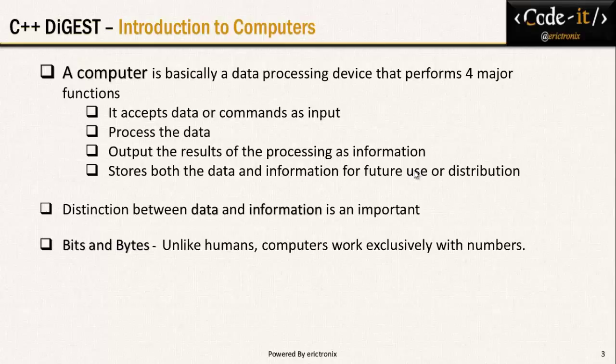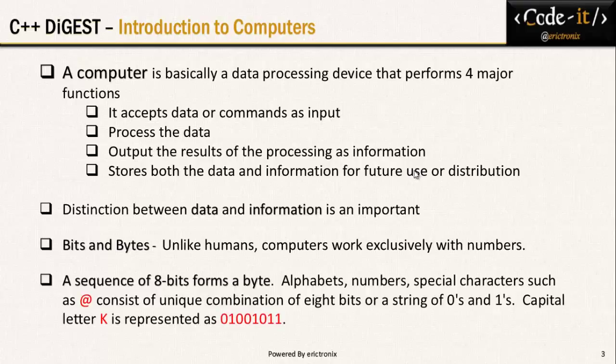In order to process data, computers must speak in a language they understand, and that is the binary or machine language. Machine language consists of only zeros and ones, and these are called binary digits or bits for short. A unique sequence of 8 bits forms a byte.